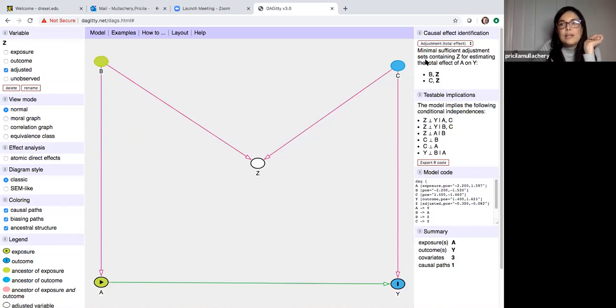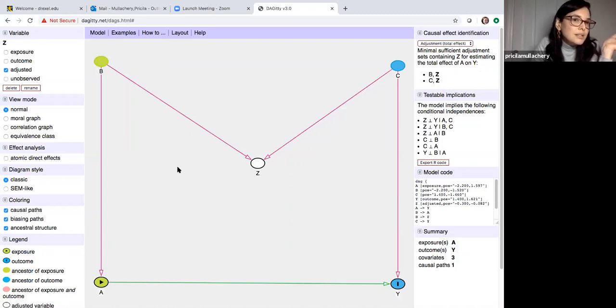Now, what this right side here shows me is the variables that we need to adjust for in order to identify the effect of A on Y, right? Because remember all that work that we did going through each path to see if it's a collider, to see if it's a confounder. We don't need to do any of that. If we draw the DAG and we draw it correctly, DAGitty is going to tell us what are the variables that we are going to adjust for.